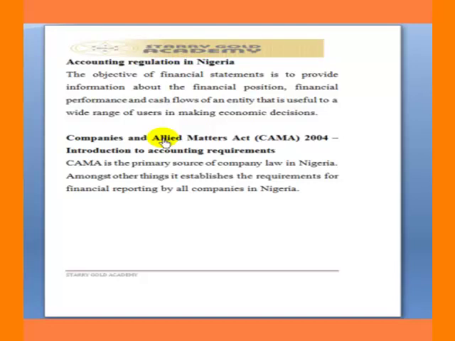So that is just the objective of financial statements. Now, what are the basic principles of CAMA as they relate to financial statements? What are the salient points? Let's look at some of the sections in CAMA so that we can have a better understanding of how financial statements should be prepared.